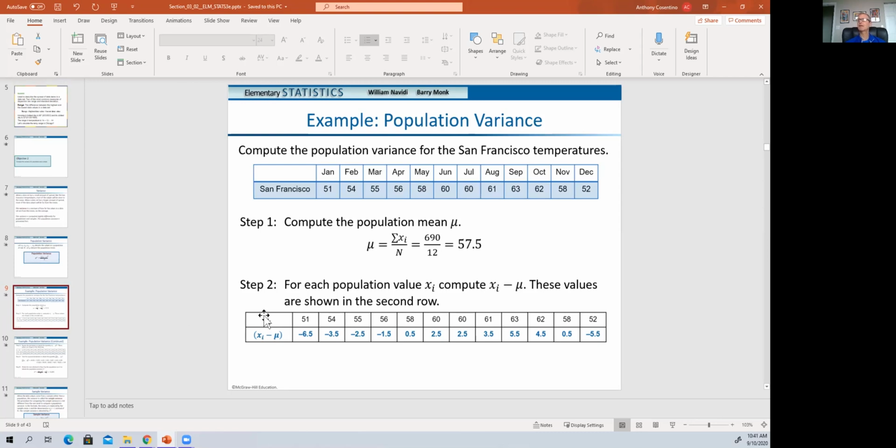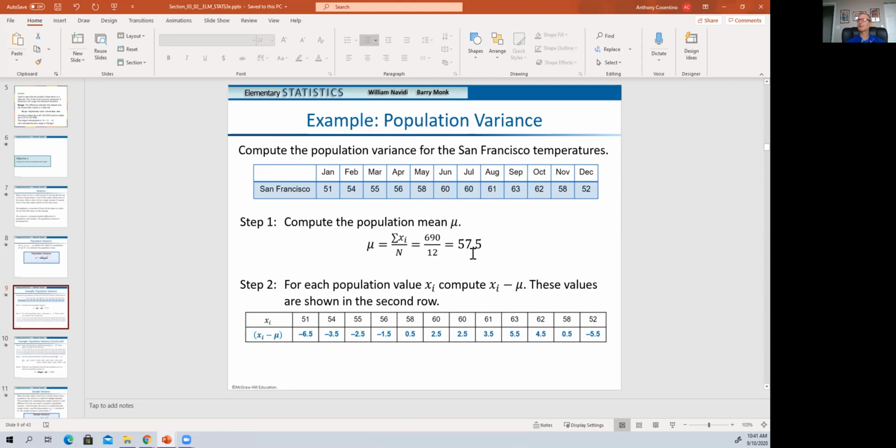And the idea here is that this is the population of temperatures for San Francisco over a year. And if you compute the population mean, we add all these up and divide by 12. And you could see that we get 57.5.